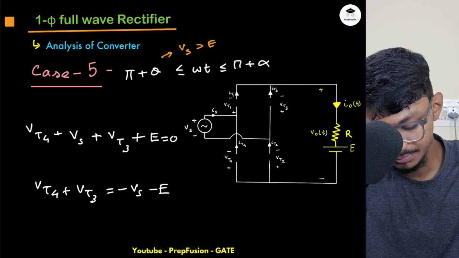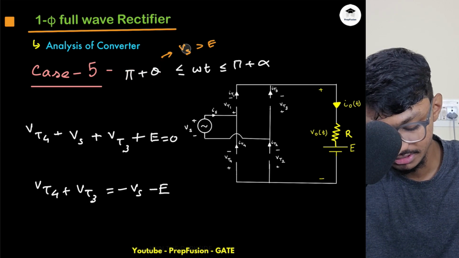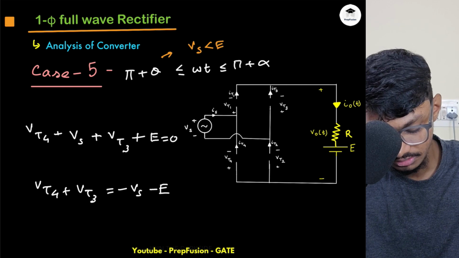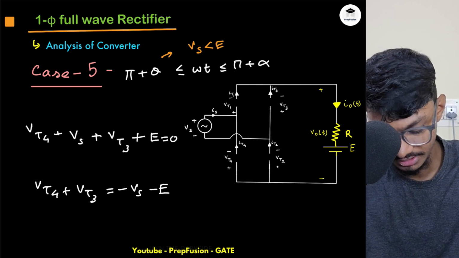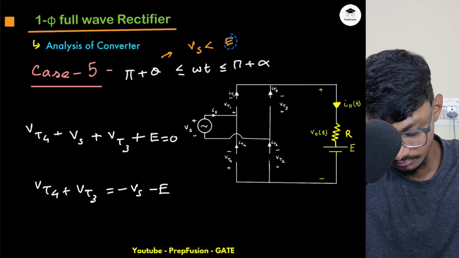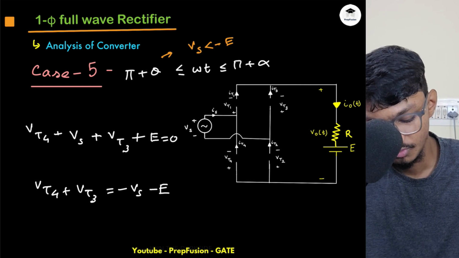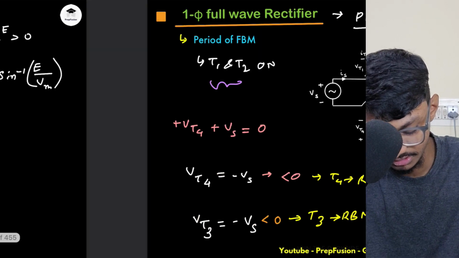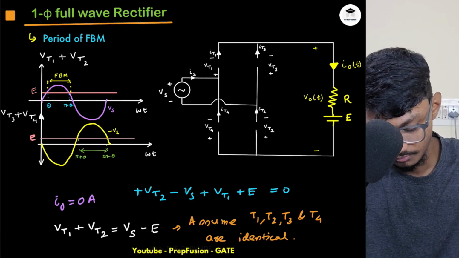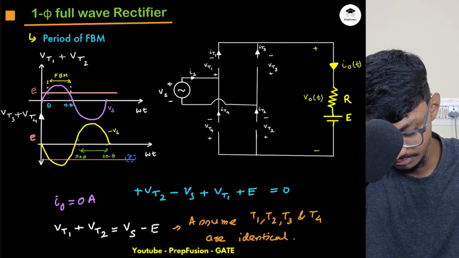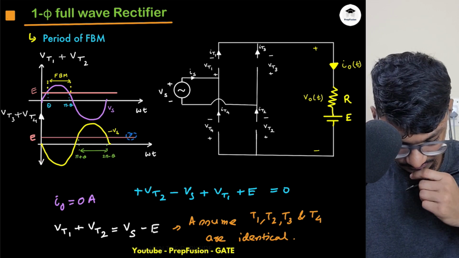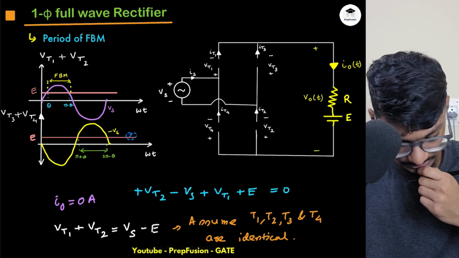Sorry, actually in this region after pi plus theta, Vs is actually less than minus E. Why? Because if I draw this minus E as well, this is the minus E. Okay, this is actually already minus Vs, that's why the confusion is coming.